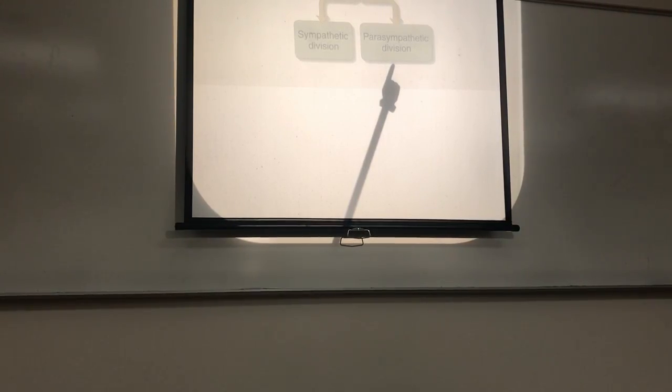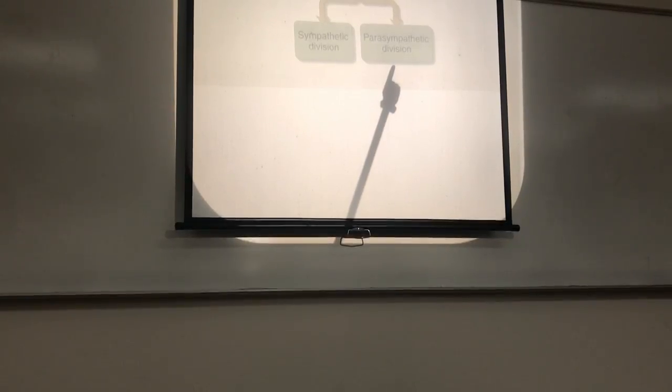Now, just to make your life perfectly miserable, and don't blame me, I did not name these, the autonomic motor division, or the autonomic nervous system, is then itself subdivided into two components. These are called the sympathetic branch of the autonomic nervous system and the parasympathetic branch of the autonomic nervous system.